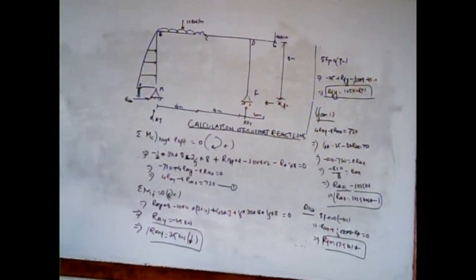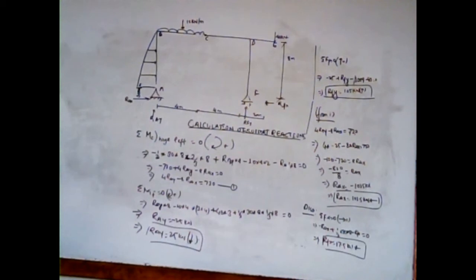Also RAX is making an anti-clockwise moment, so it is also negative here, minus RAX into 8 equals 0. Solving this, we receive equation 1 as 4 RAY minus 8 RAX equals 720. So this is our equation 1.